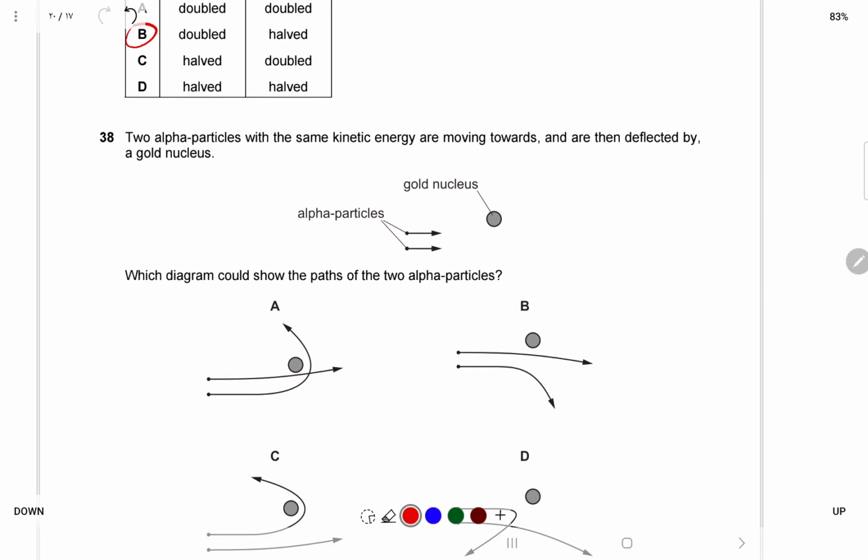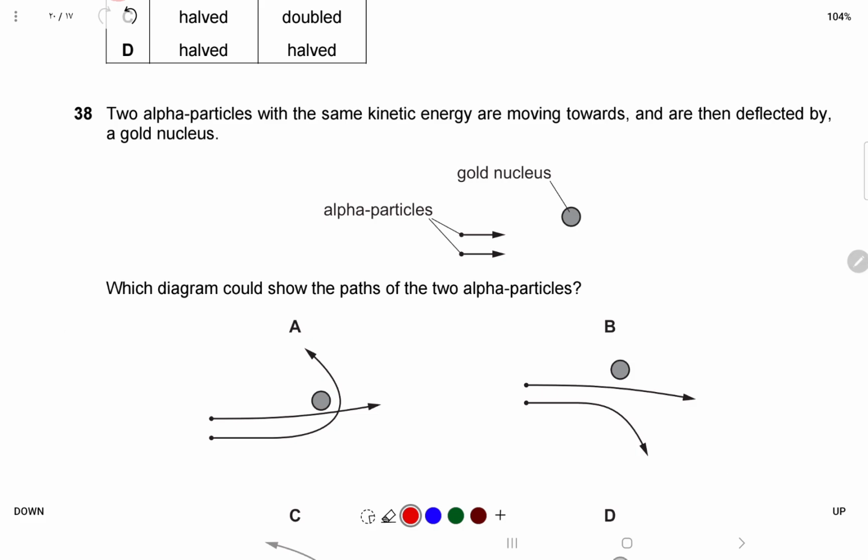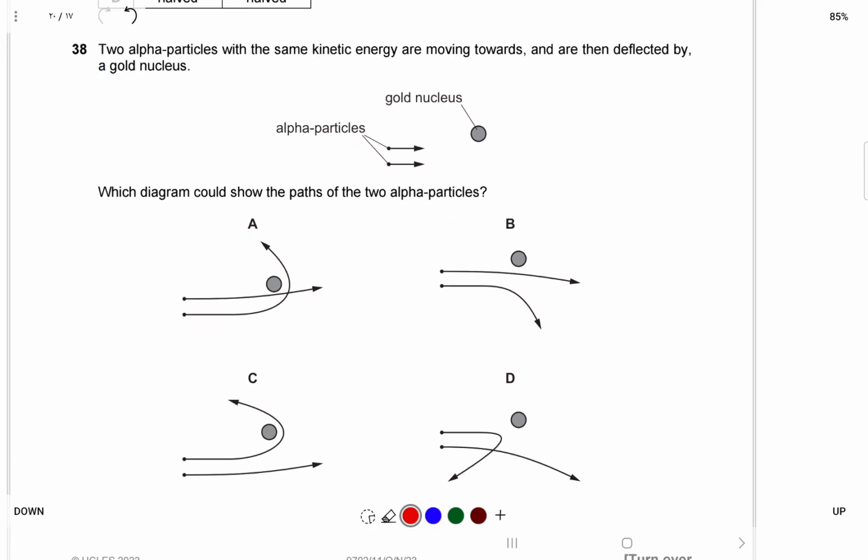Question 38. Two alpha particles with the same kinetic energy are moving towards and then deflected by a gold nucleus. Which diagram could show the path of the two alpha particles? Okay, let's see them one by one. Option A, we see attraction between alpha and the nucleus, and this is incorrect.